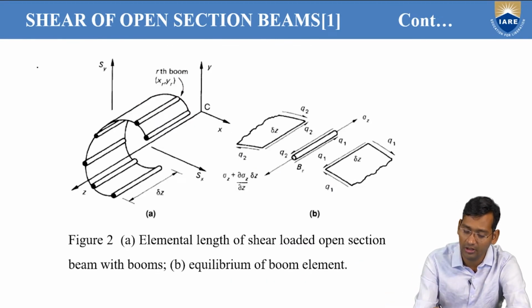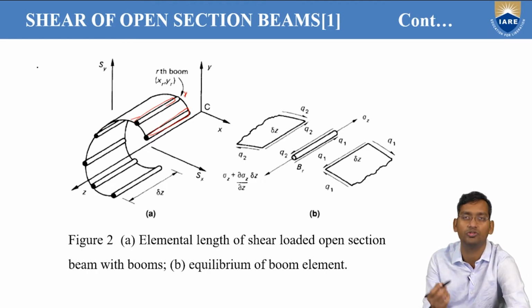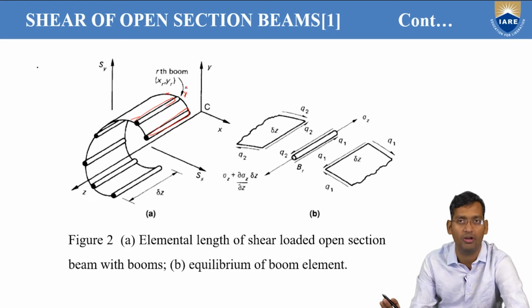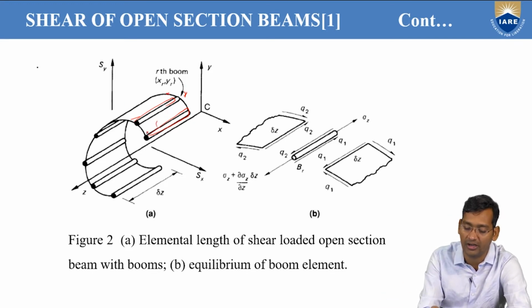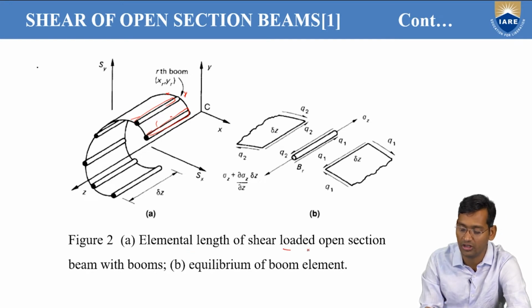Okay, so now you see, this is the boom after idealizing. So these are the booms. Take any boom. They have taken this as the rth boom, whose coordinates are xr, yr. Now, after idealizing, we have the elemental length of an open section with booms under shear load.